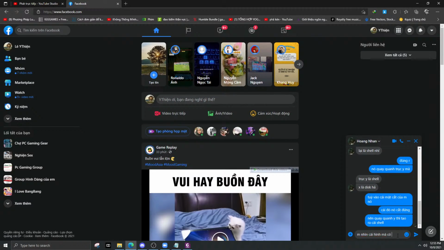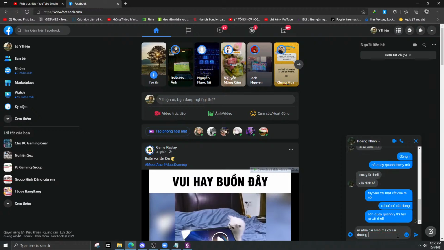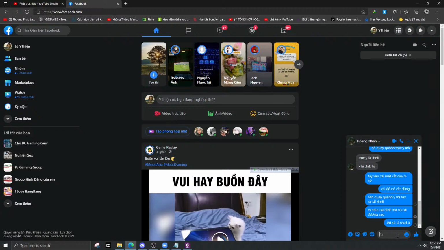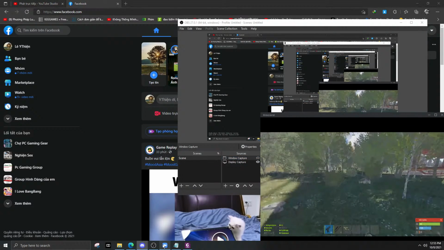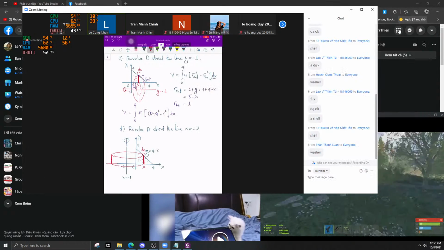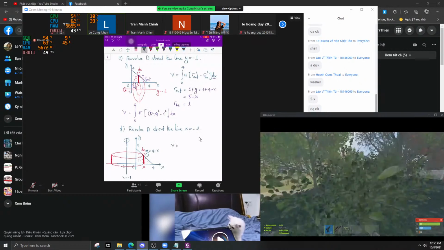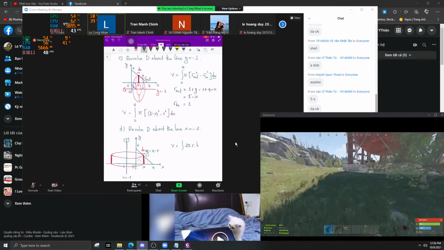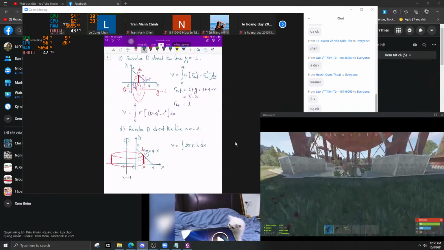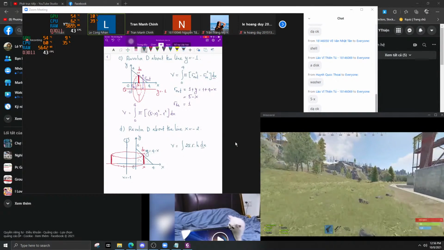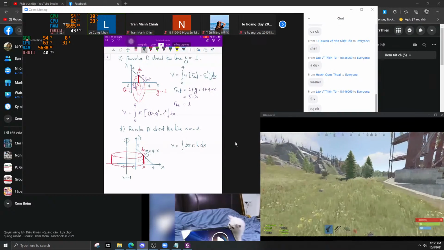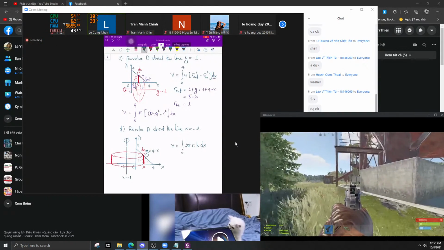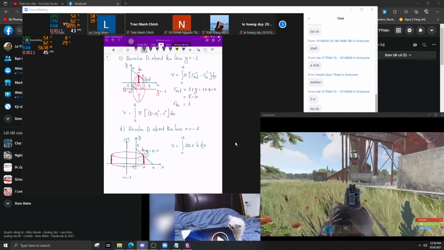If we rotate the representative rectangle, we will get a figure that looks like this. The volume of the shell is computed by the formula 2 pi times the radius, times the height of the shell, times the thickness of the shell, that is the small change in x, so we have dx. Because x varies over the region D from 0 to 4, we have the lower and upper limits of integration.